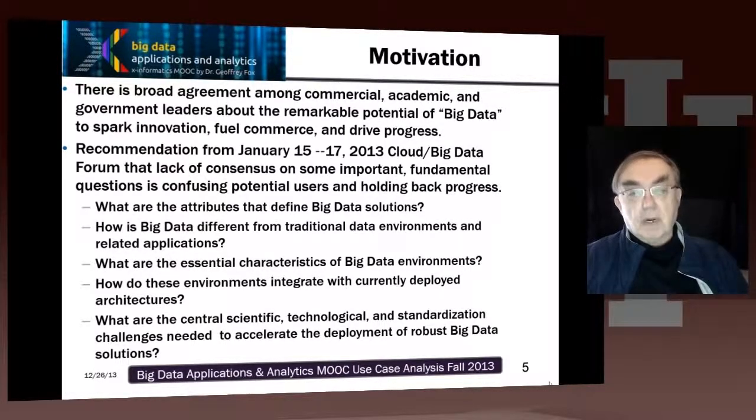And then they had a forum, January 15th to 17th of 2013, which summarized where they were with clouds and pointed out that the cloud activity and, of course, other discussions following the identification of big data as a critical issue, critical feature, or thrust, or whatever it quite is.